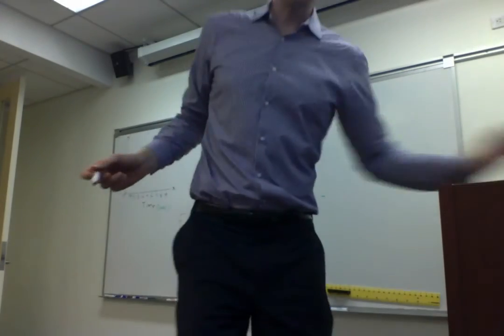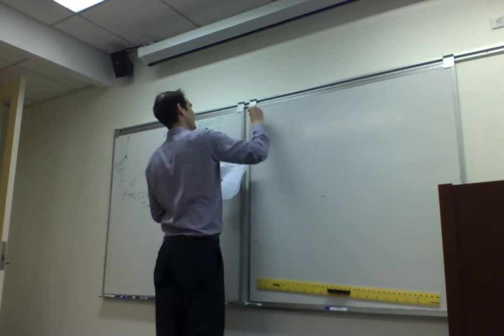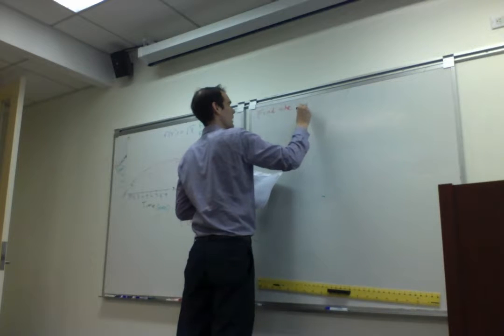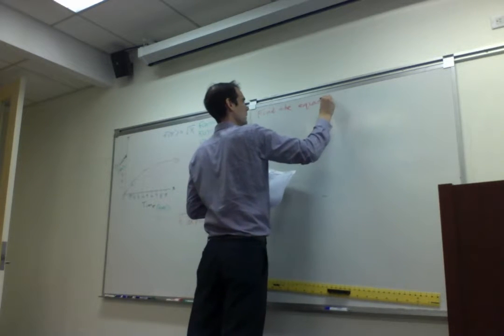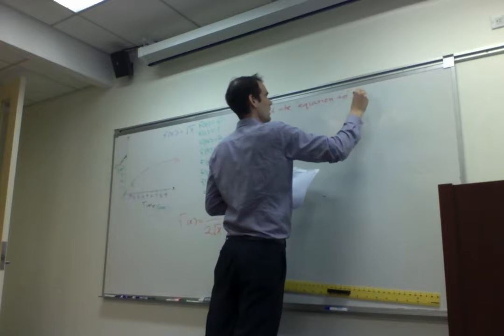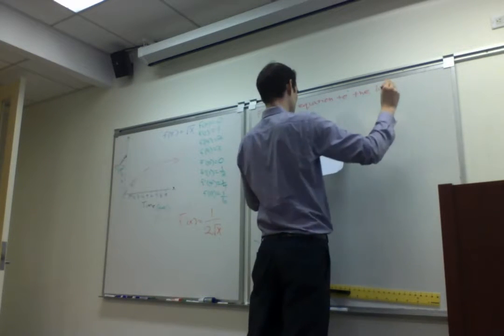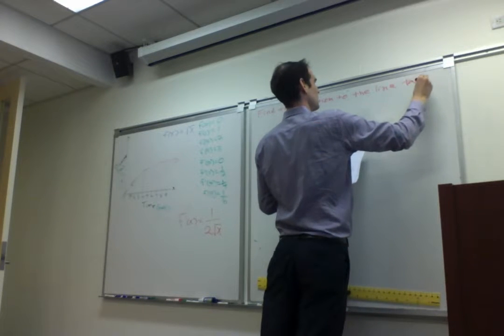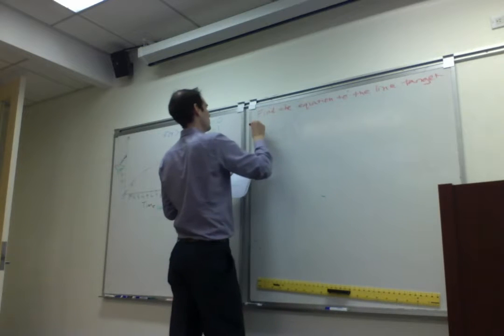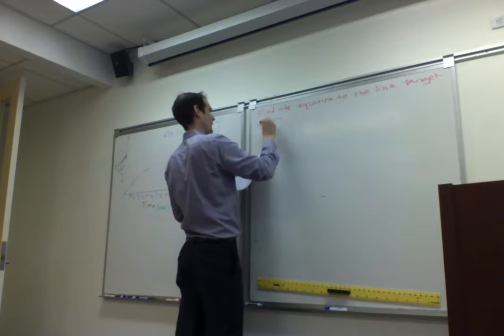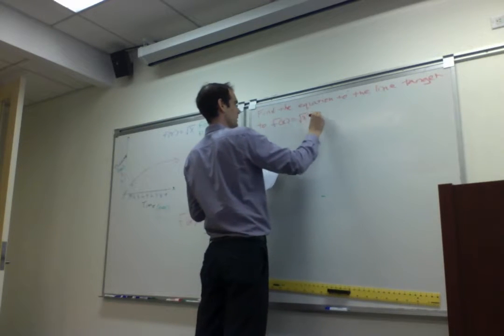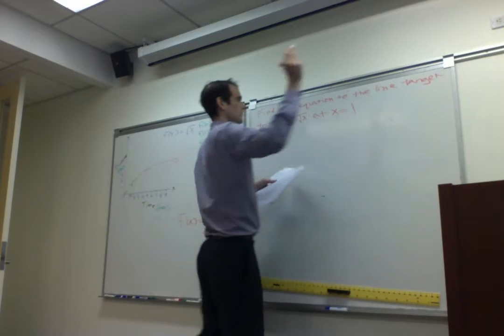So, a question now, in the equation of the line, find the equation to the line tangent to f of x equals the square root of x at x equals 1.